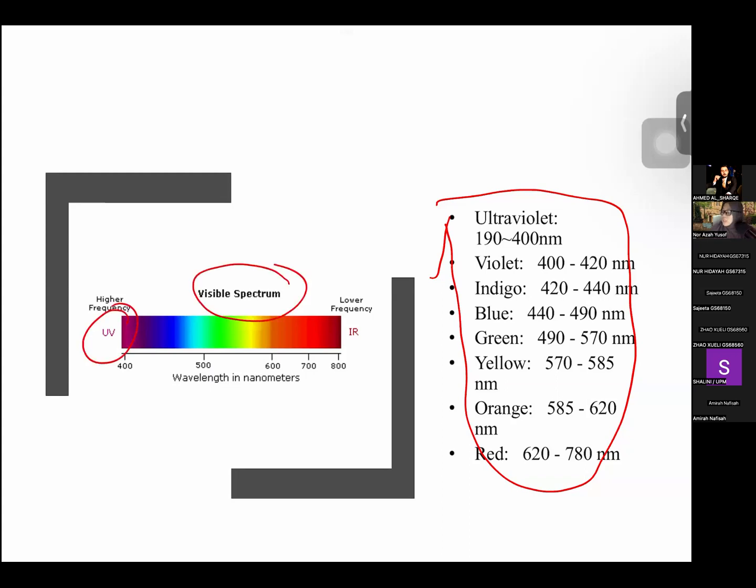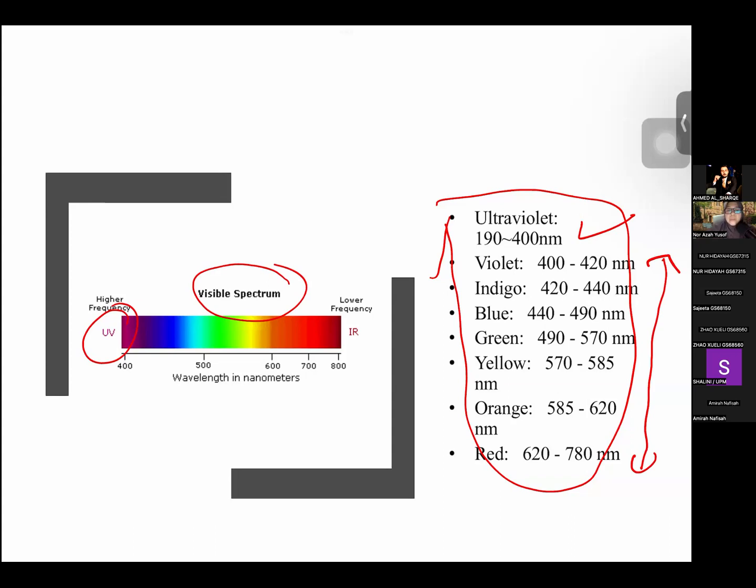This is the region where ultraviolet is dominant, and this is the visible region, the wavelength where visible light can be observed.